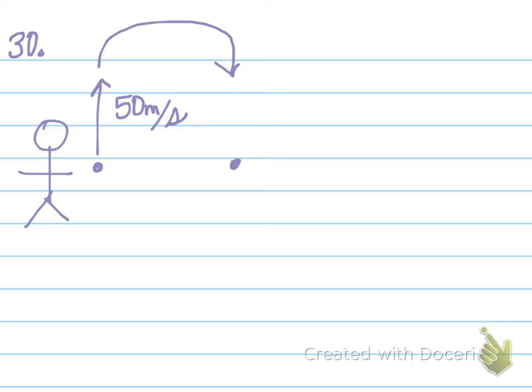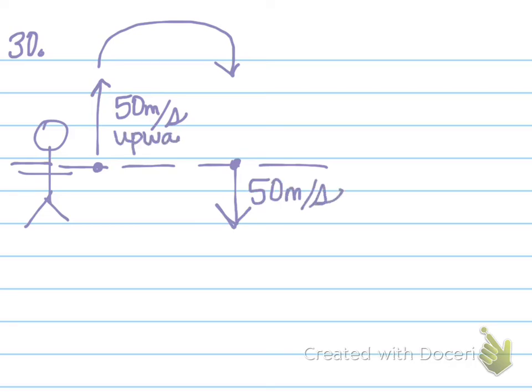So when it's on its way back down, what speed is it going to have? Now again, we've looked at this with that free fall worksheet that we did, on our concept development practice page 5.1 and 5.2. Because I'm at the same height, my velocity will be the same. It'll be 50 meters per second, but here it was upward. Now it's going to be downward.